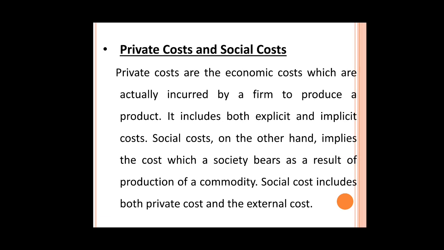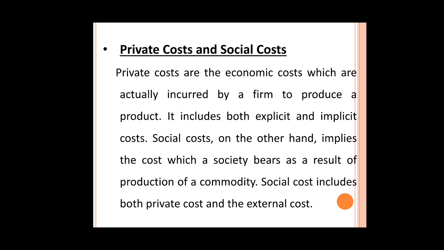But in the production process of pesticides, some byproducts such as foul smell, polluted air, and effluents that are emitted along with the production of pesticides cause damage or costs to other people who live in the adjoining areas. These harmful external effects are also called negative externalities. The beneficial external effects created by a firm are called positive externalities.